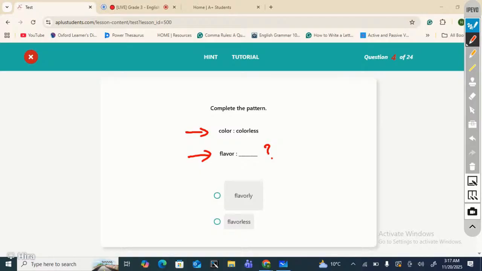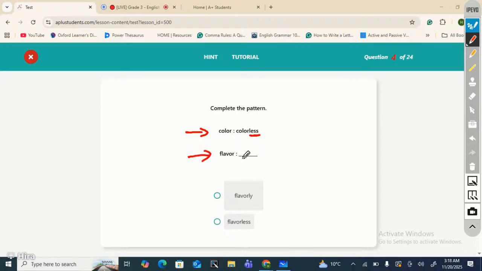Okay, Biruk, you have answered it. Very good. It's option two, right? Because the pattern the first analogy follows is that it adds the suffix less. When you add the suffix less, color, colorless. Less means without color. So it becomes the opposite of color.